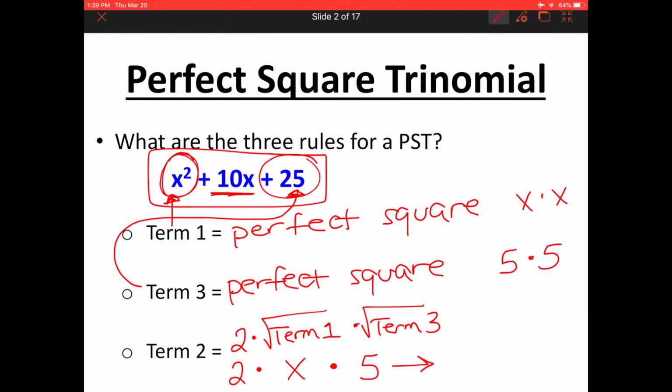If we multiply 2 times x times 5, we end up with 10x, which is in fact what I have here for my second term. This is how a perfect square trinomial is developed, and when we talk about completing the square in this lesson, we're talking about completing a perfect square trinomial.